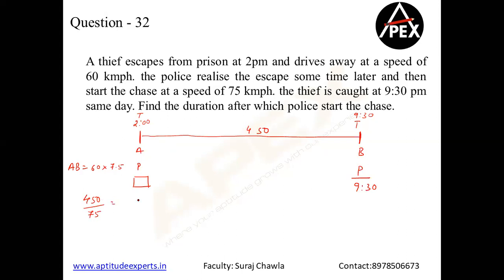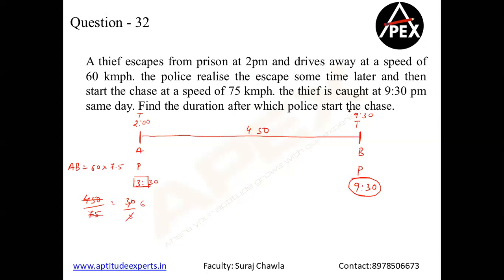So this is 15 into 30 and 15 into 5, which gives 6. That means the police has covered this complete distance in how many hours? 6 hours. So it was reaching at 9:30, running for 6 hours. Can I say the police started from here at 3:30? So the police is starting at 3:30.